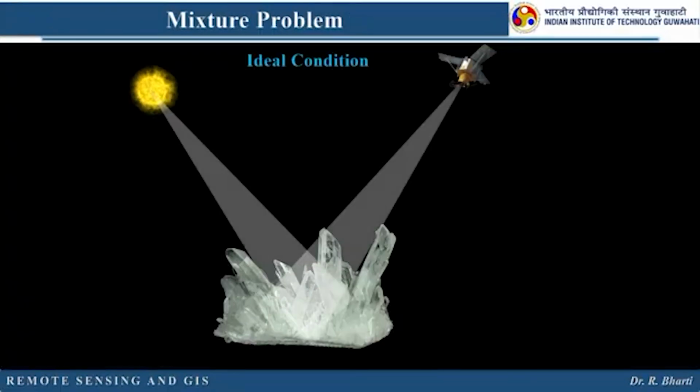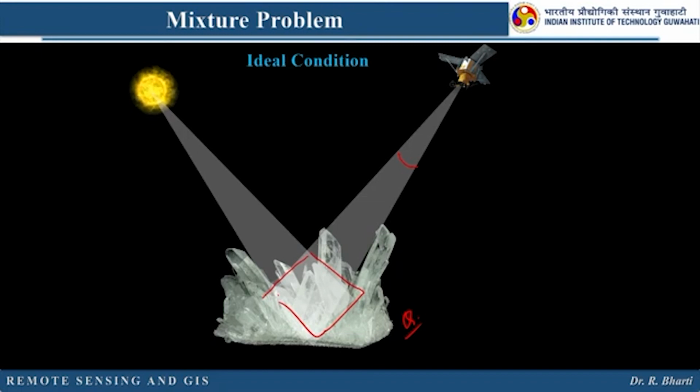Let us see what exactly I am calling the mixture problem. In the ideal condition, this is a mineral called quartz, which has been illuminated by the sun and then captured by your satellite, and then subsequently you will generate a hypercube and get a spectrum, right. What I am trying to show you here is that the complete field of view is covering only this quartz, right.